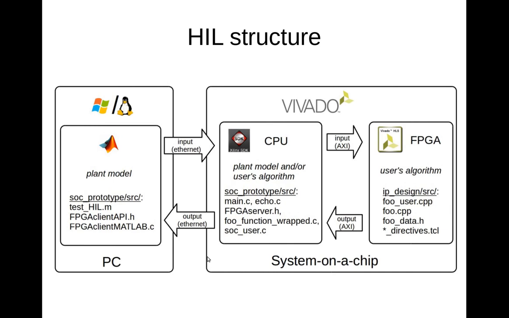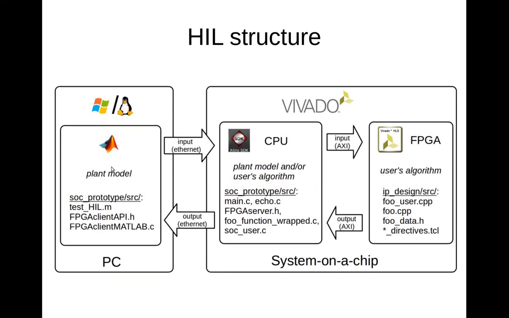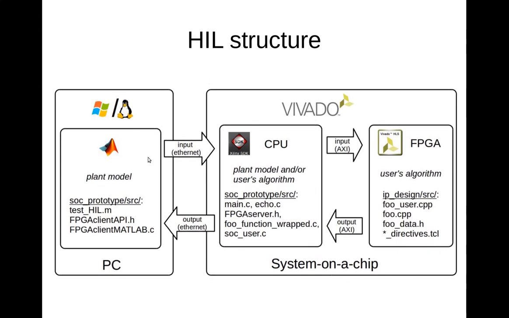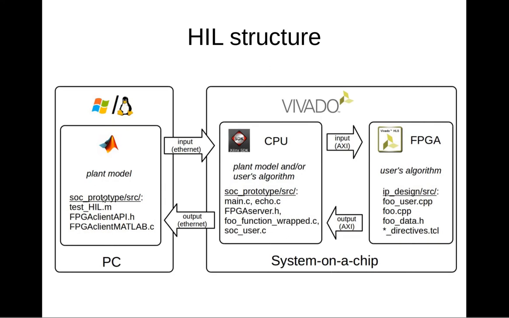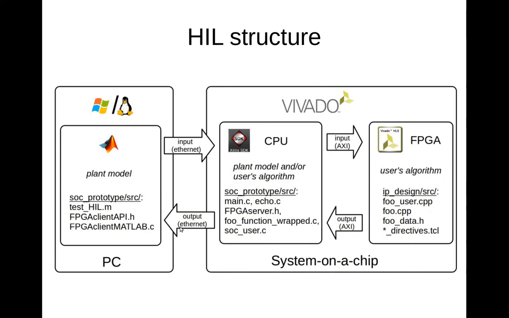And on the final level of the design flow, we have performed hardware in the loop test, where input data is generated randomly within test hill m file, and the results are stored back to text file.